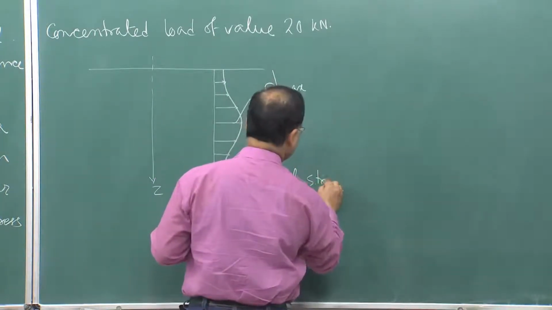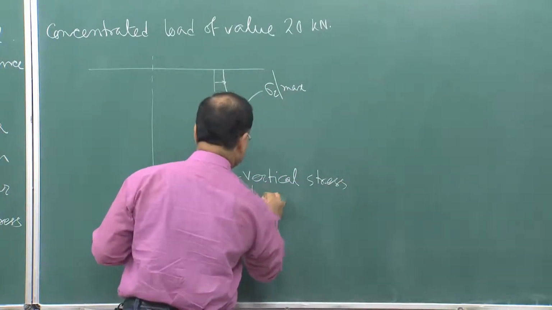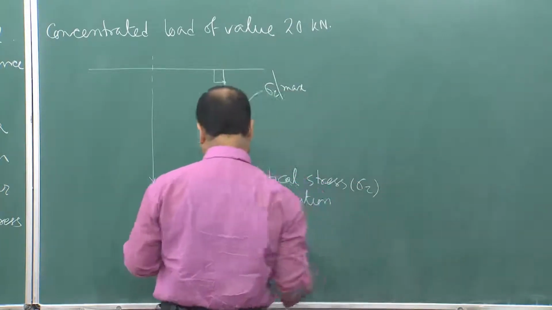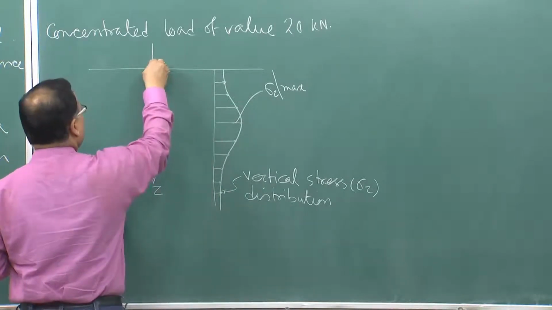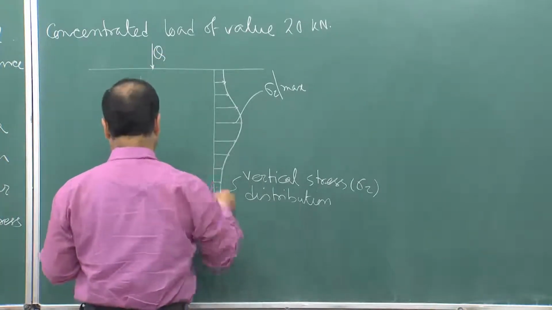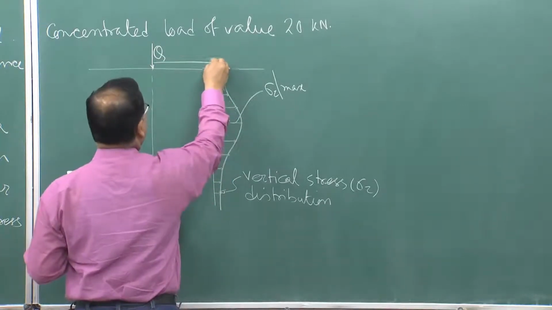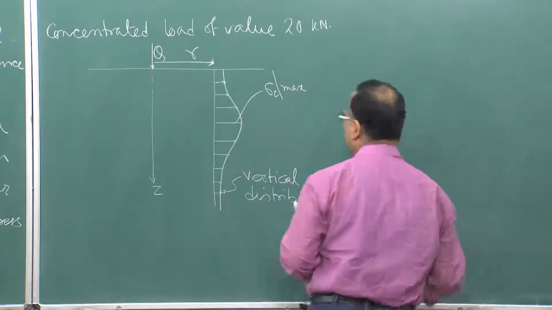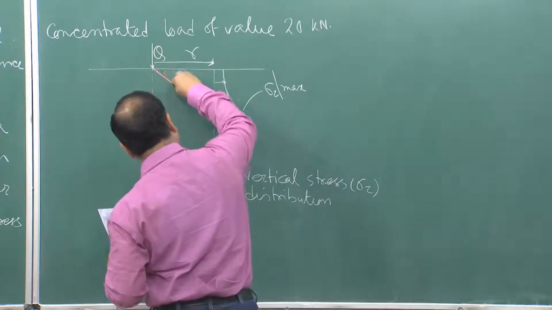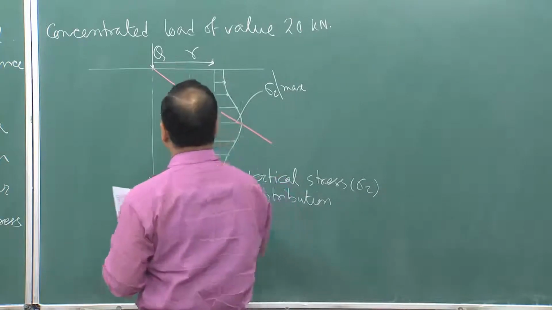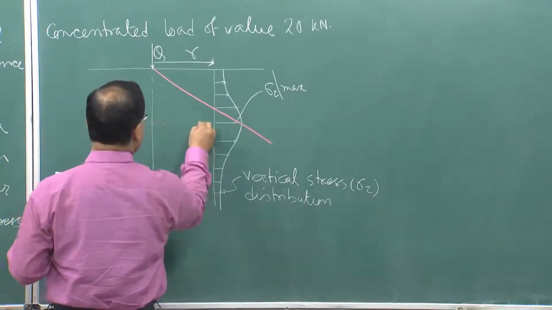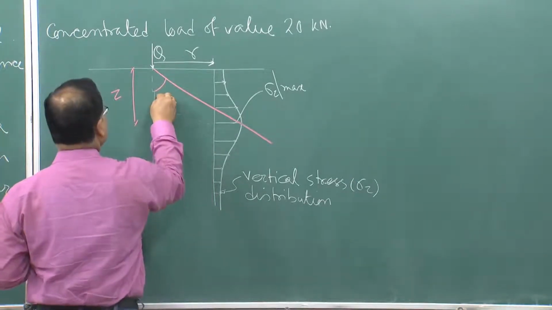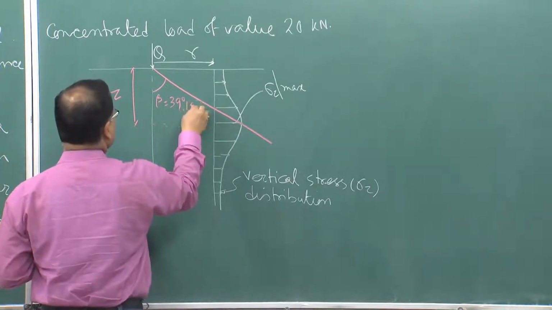Vertical stress distribution. This is Q, this is radial distance R, this is Z, this angle is beta equal to 39 degree 15 minute.